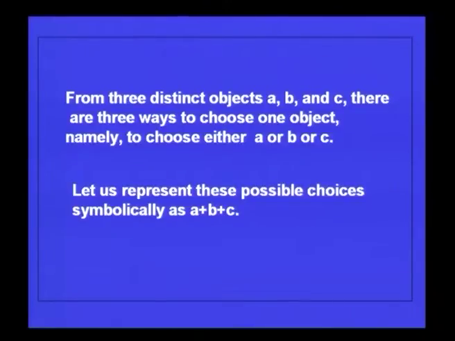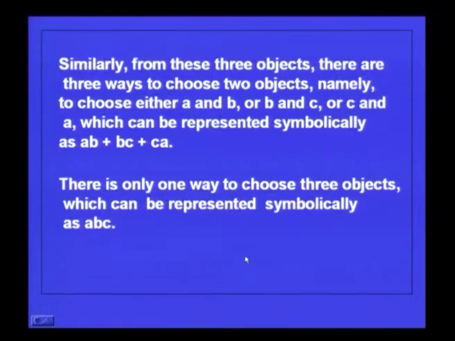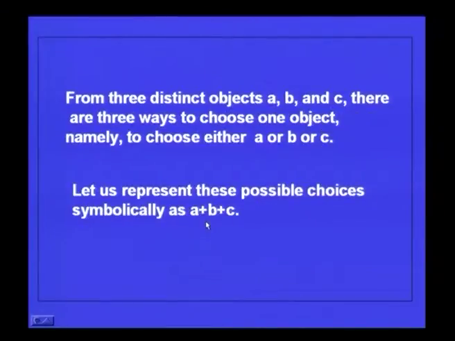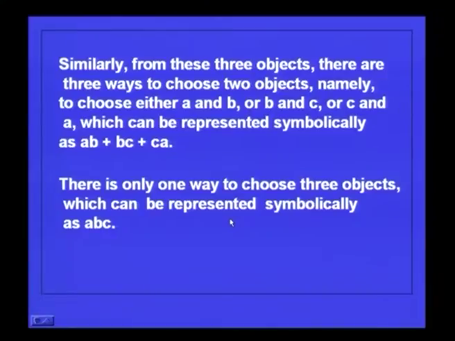So, if you have three objects A, B, C and you want to select one of them, you can choose A or you can choose B or you can choose C. That you can represent as A plus B plus C. Similarly, from these three objects, there are three ways to choose two objects, namely you can choose either A and B or B and C or C and A, and this can be represented symbolically as AB plus BC plus CA.